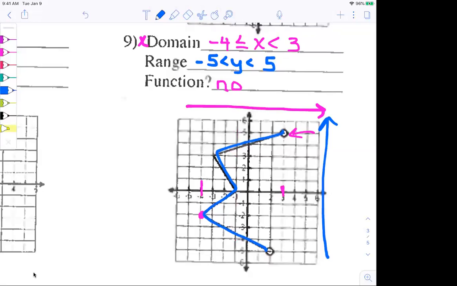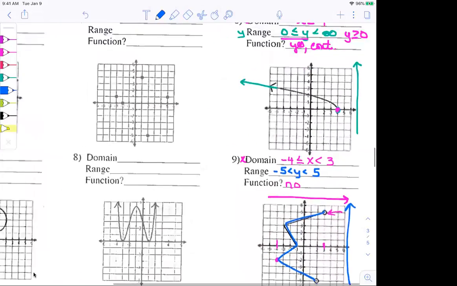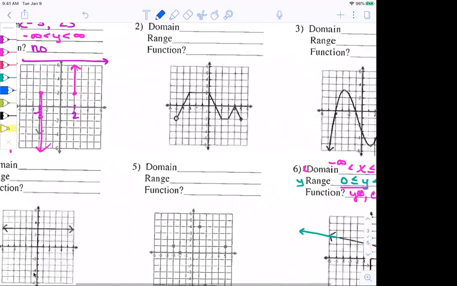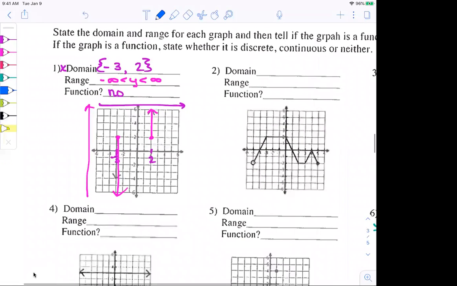Does anyone have questions? So the problems we look at today are going to have the domain and range with it. And we're going to try and use that domain to help us get this graph. So we're going to see if we can create a graph like this E, or maybe a graph like number 1 or number 2.